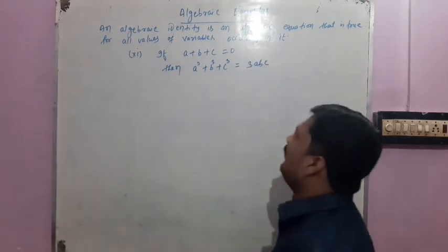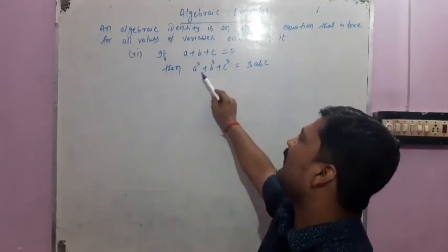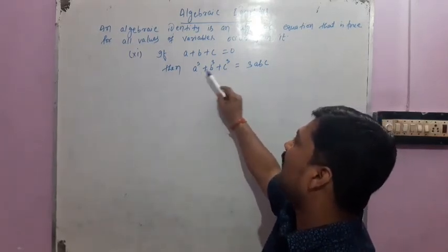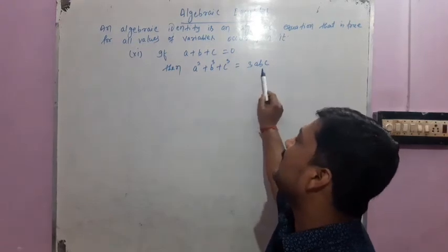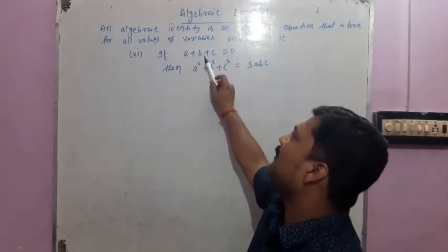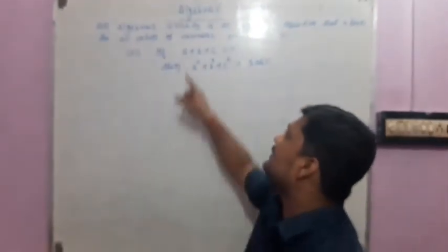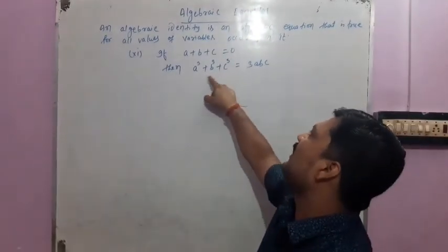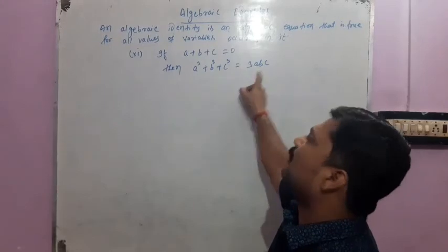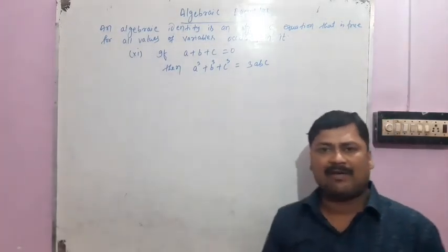It means if the sum of three variables is 0, then the sum of their cubes is equal to 3 into the product of the variables.